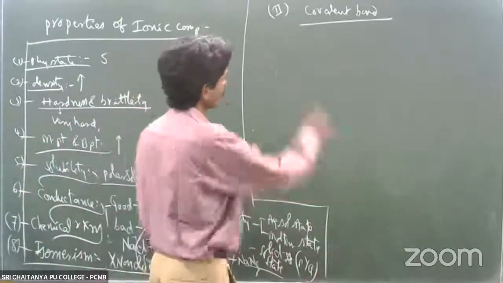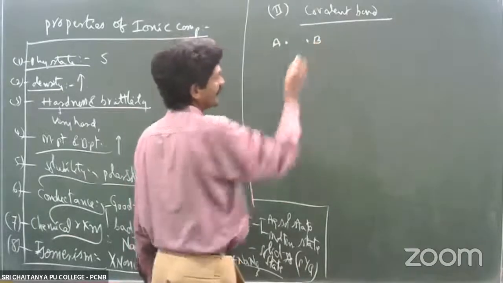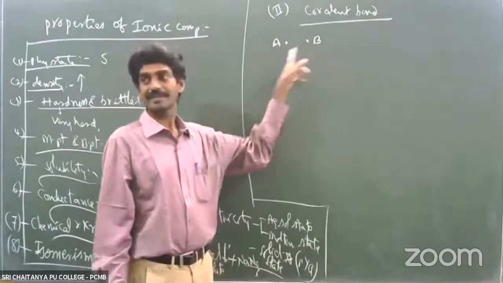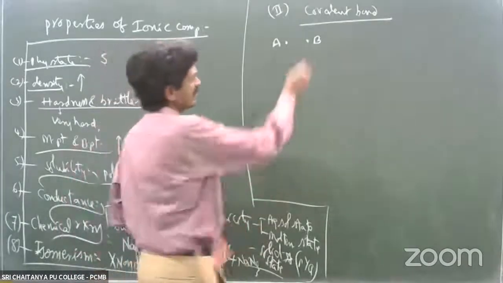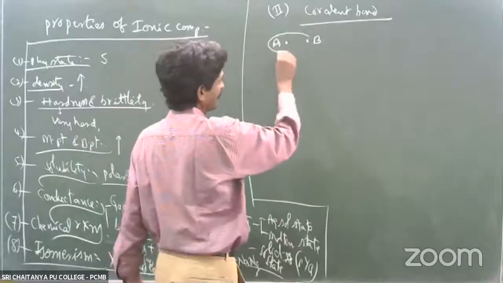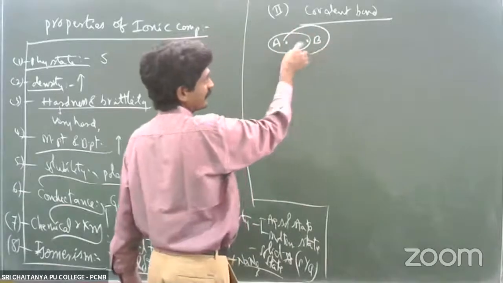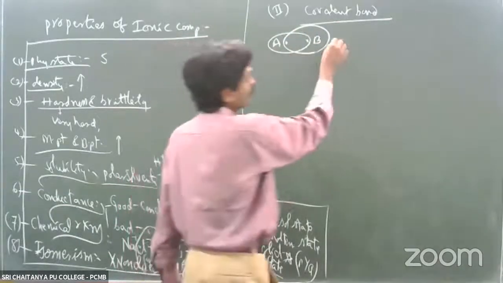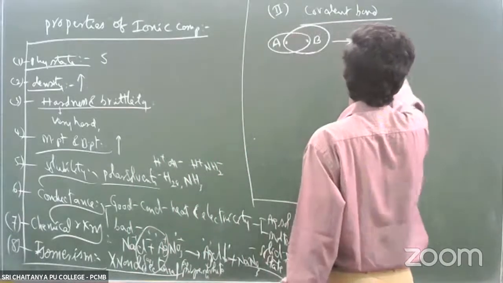For example, atom A contributes one electron, and atom B also contributes one electron, and they form one electron pair. This electron pair is shared by atom A and also atom B. It belongs to both A and B. Then the bond formed between these two is called a covalent bond.